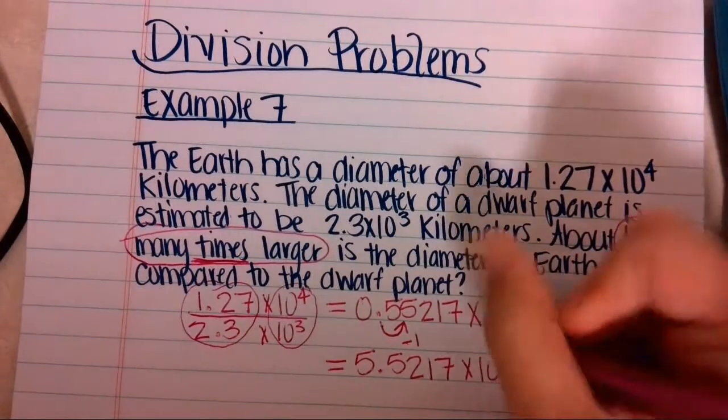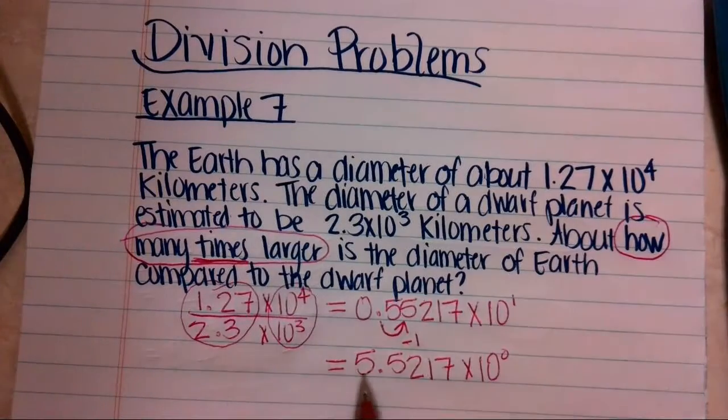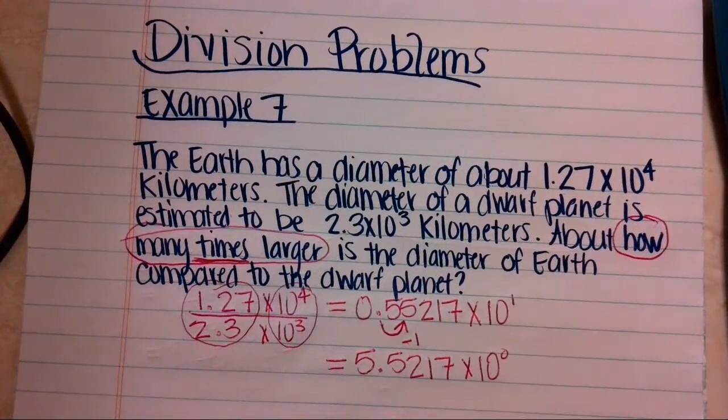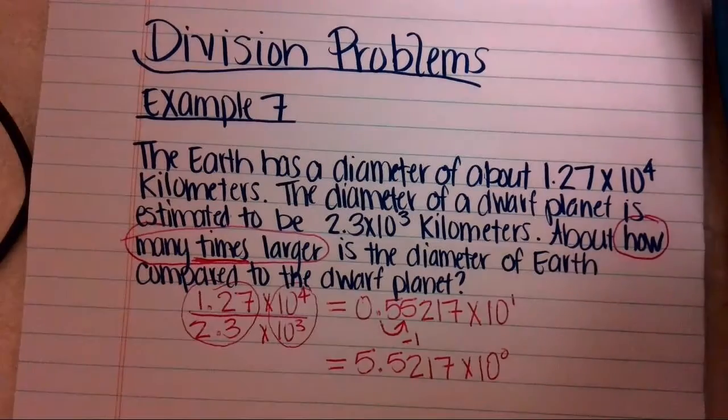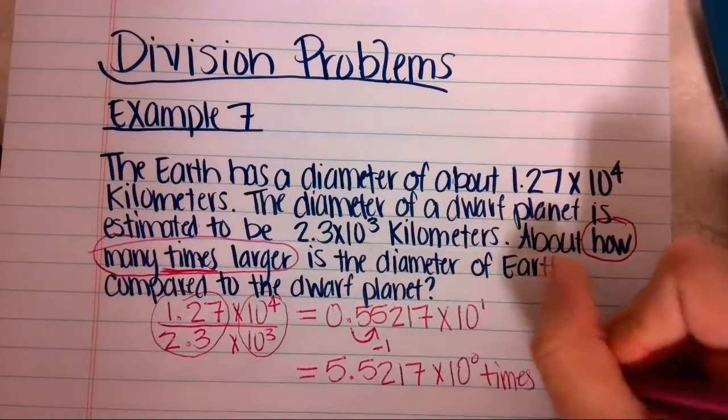And when I subtract 1 here, I'm going to get to the 0 power. So it does say about, so I would say that Earth is about 5.5 times larger than the dwarf planet. And I guess we need to write it. We need to put times larger.